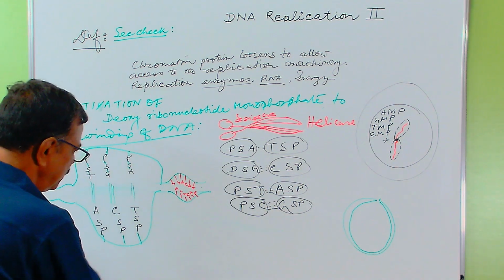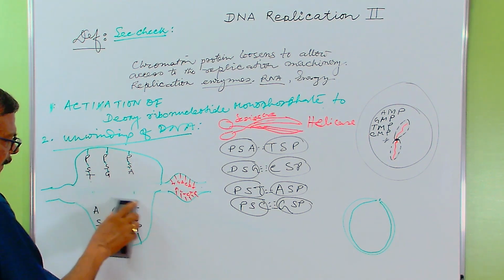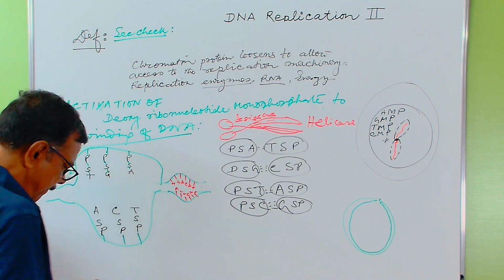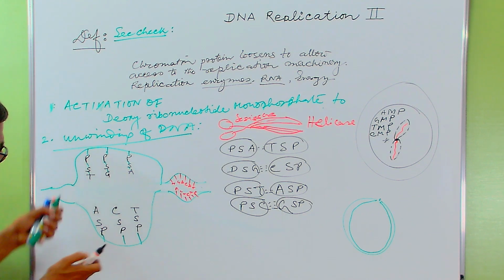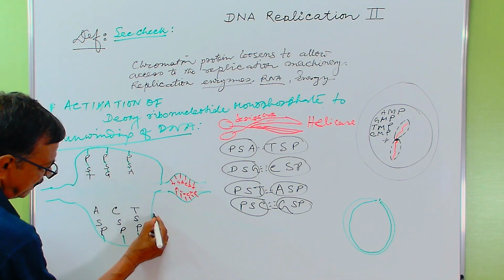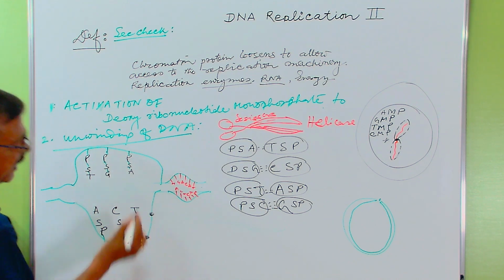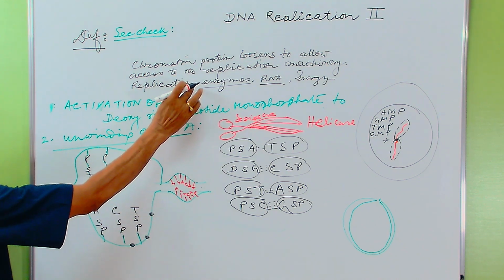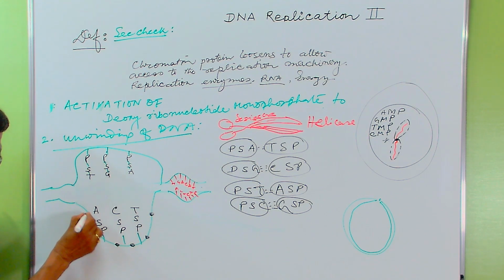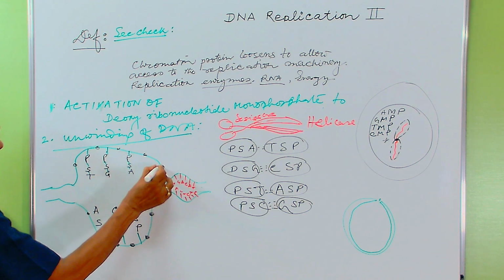So in order to check this, so that the strands do not come closer, we put some enzymes here. These are contained in the replication machinery.